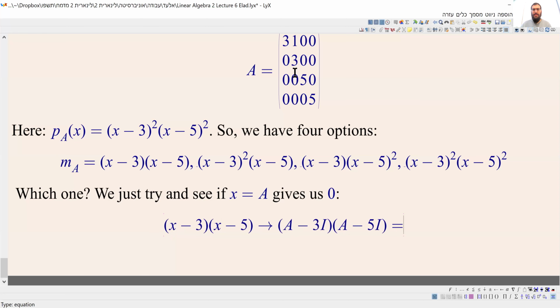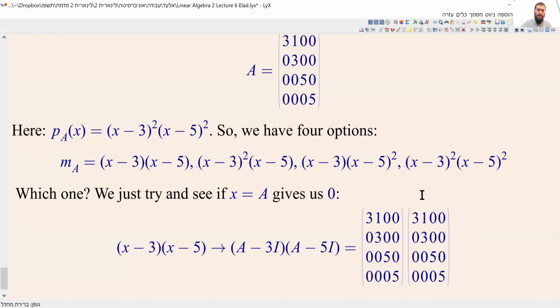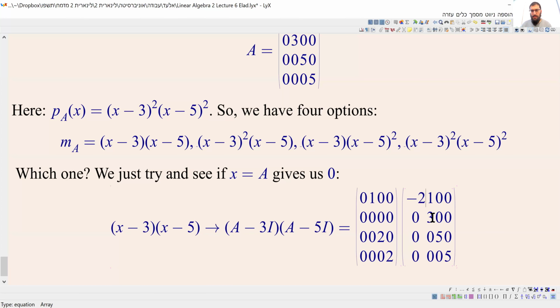So these are 4 by 4 matrices, but most of the entries are 0. Nice. And moreover, one element is not 0, so the matrix is not 0, and we don't have to calculate everything. A minus 3I gives us this matrix, and A minus 5I gives us this one.